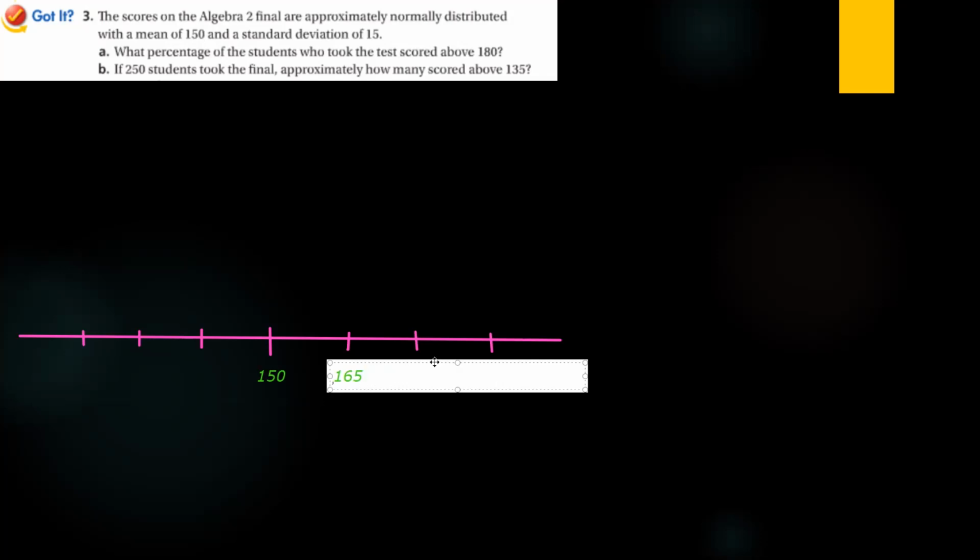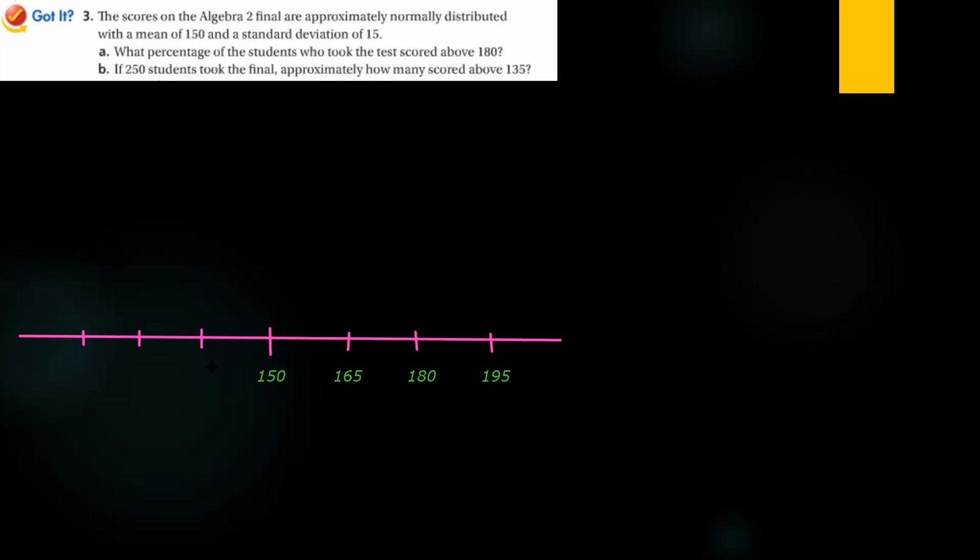Then 165 plus 15 is 180. Plus 15, 195. This is for the numbers above the mean.